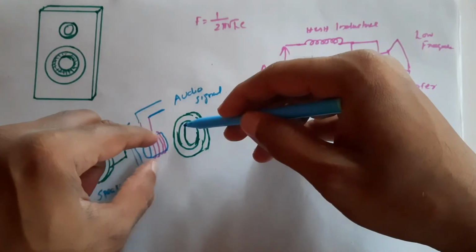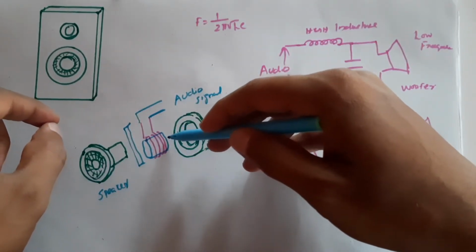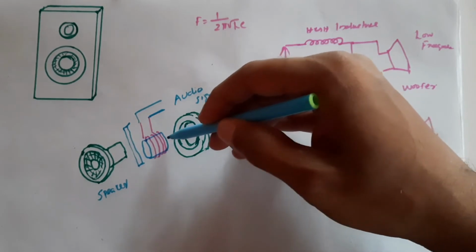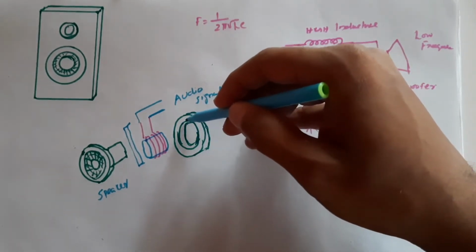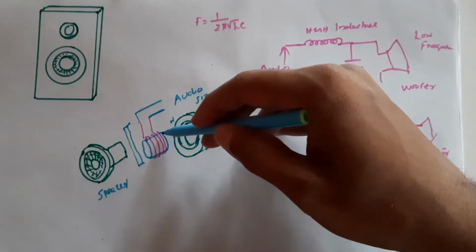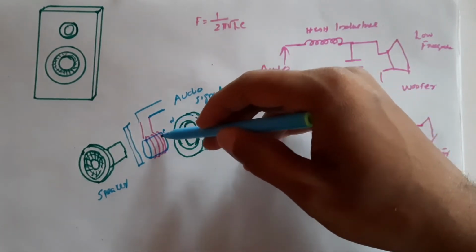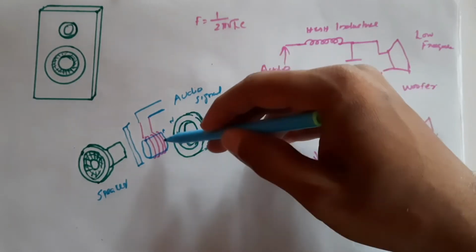When current is passing through it, it becomes a magnet, and if this side of the magnet is the north pole, it will be repelled from this permanent magnet.